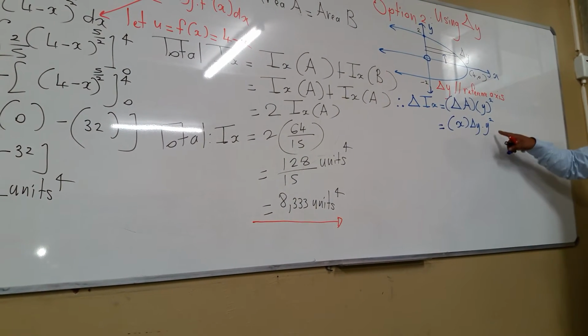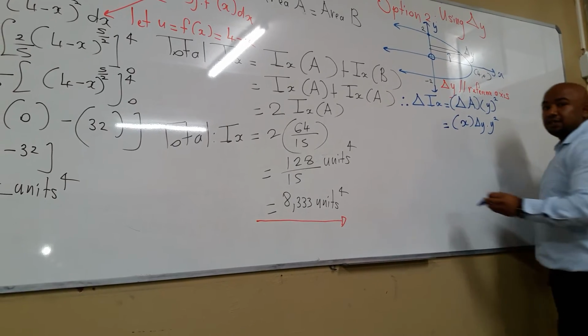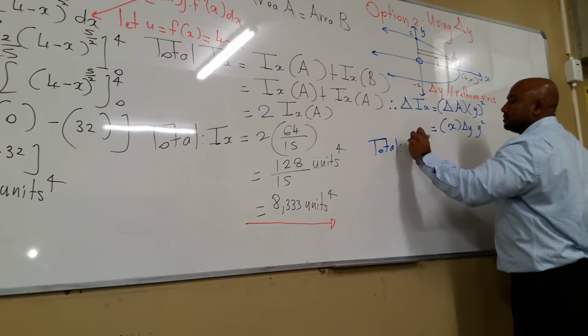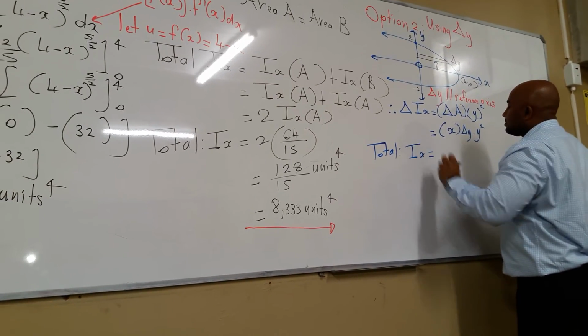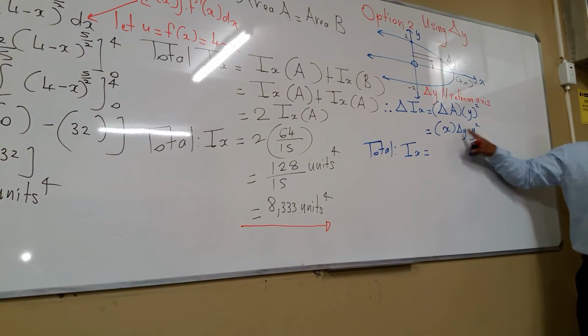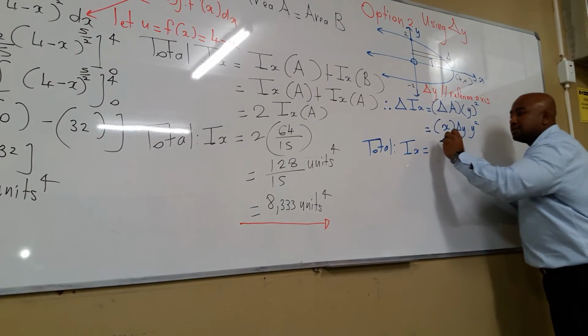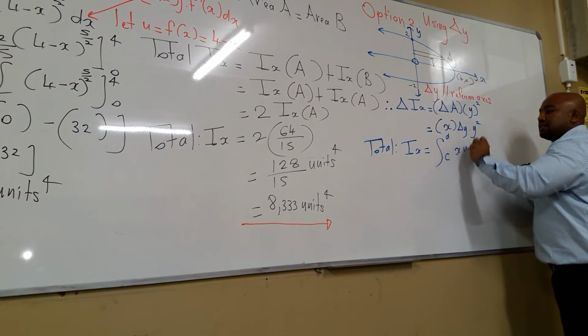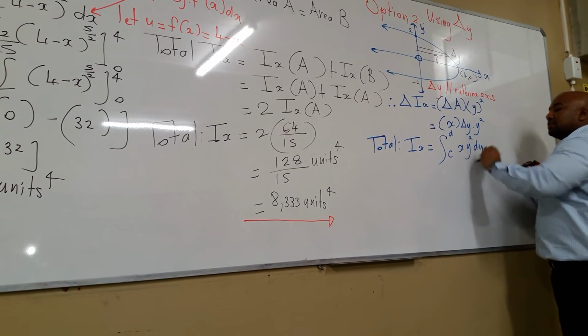There's area times your distance squared. So now, the total. If we are using delta y, we're going to use the y values. That will be d and c. That will be x times y squared dy.